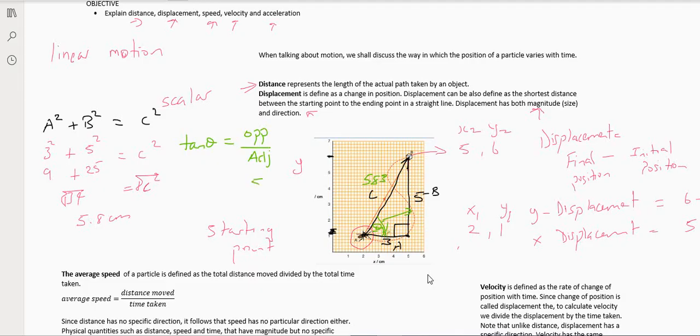So we have 5 divided by 3 is equal to tan of the angle. 5 divided by 3 gives us 1.6.